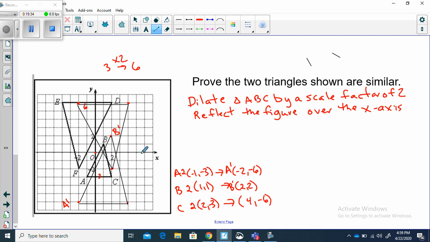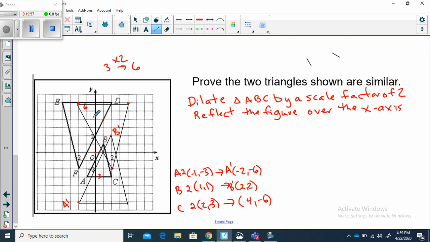Now, how can I put these two on top of each other? Or I think I got one of these off. Okay, now I need to move this over.